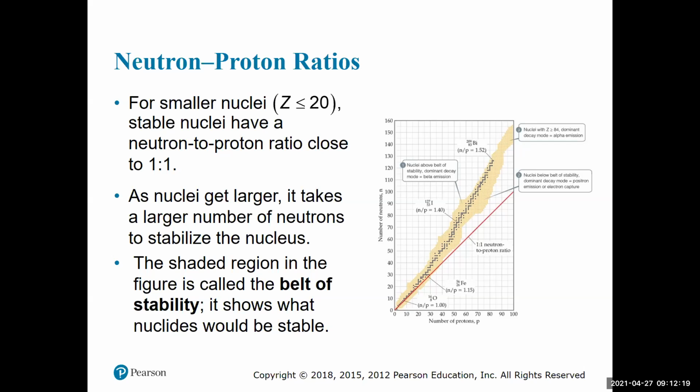We get up to about 75-ish, that ratio is 1.4. Higher up at the very top, that ratio is 1.5. So we see that ratio increasing steadily, and that's the bit about bigger nuclei needing more neutrons, because you've got a lot more protons and you have to counteract that proton repulsion.